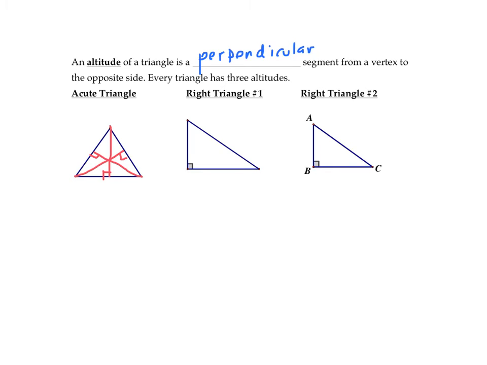In our right triangle, we're going to do 3 different cases. If I want to draw the altitude from this vertex right here, it would be perpendicular to the hypotenuse of the triangle, like that. In the right triangle next to it, right triangle number 2, do you see how line segment AB is perpendicular to BC? AB is actually an altitude to line segment BC.